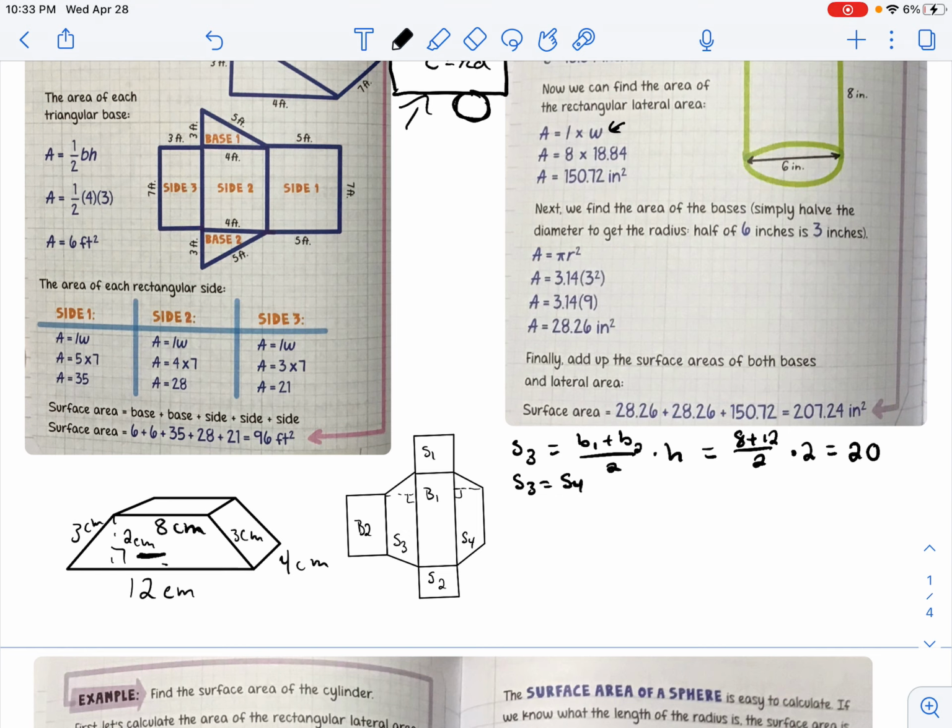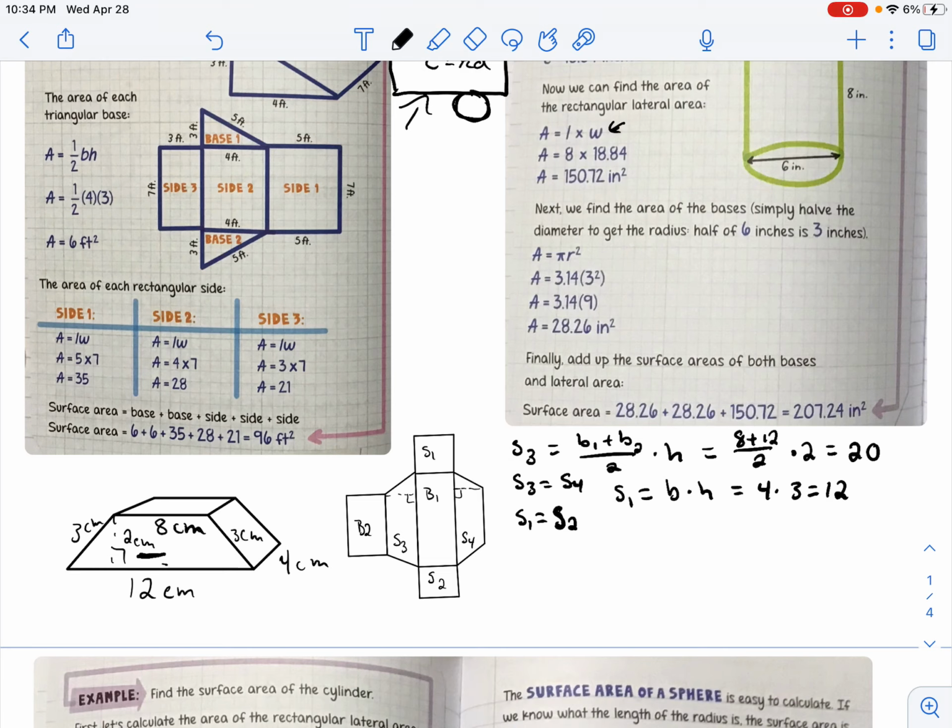Okay, now side 1, that is going to equal base times height. In this case, our height is 3, our base is 4. So that's going to equal 4 times 3, which equals 12. And once again, S1 is equal to S2. So these two values we can just multiply times 2.